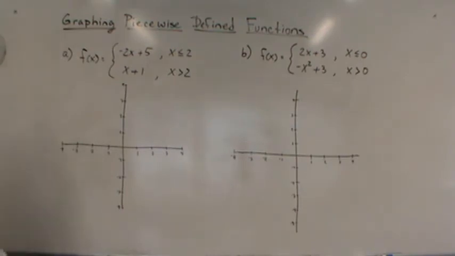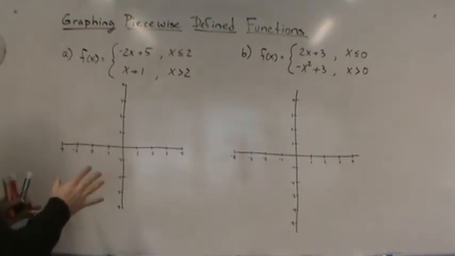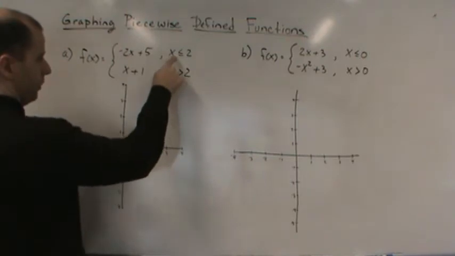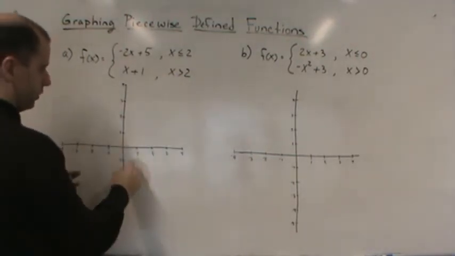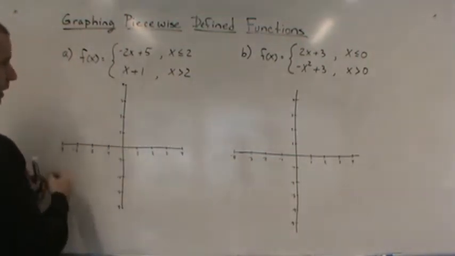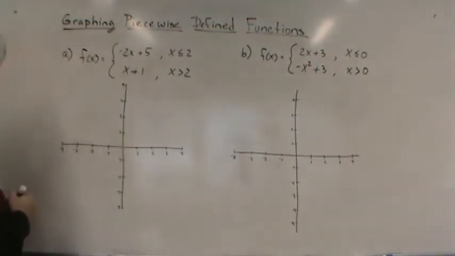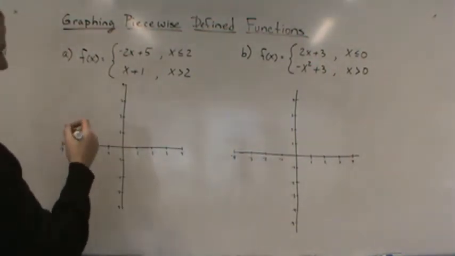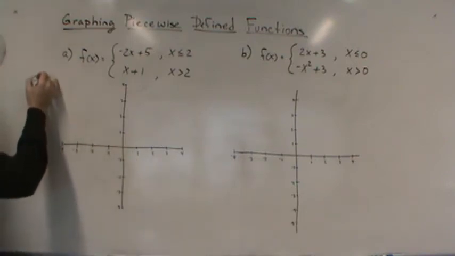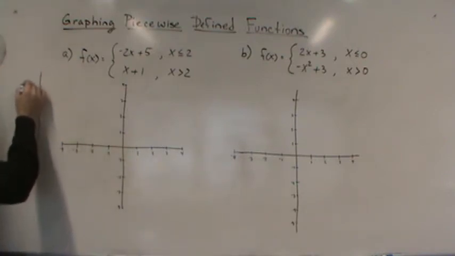So how are we going to graph this? First of all, we split this up into two different intervals. For less than or equal to 2, so from here to the left, it's going to behave this way. It might help just to create a table.